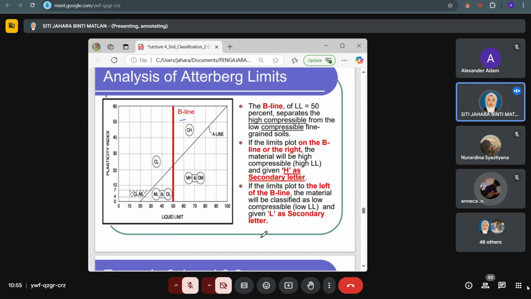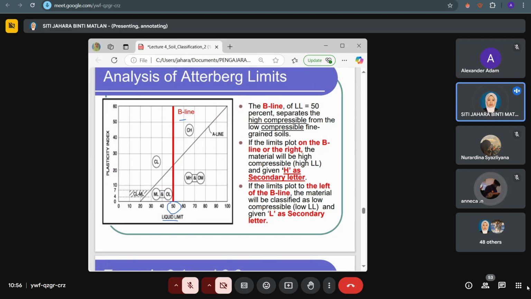So the B line is drawn vertically at LL equal to 50%. LL is the liquid limit on the x-axis, and 50% represents the B line. So it divides highly compressible soil and low compressibility soil.